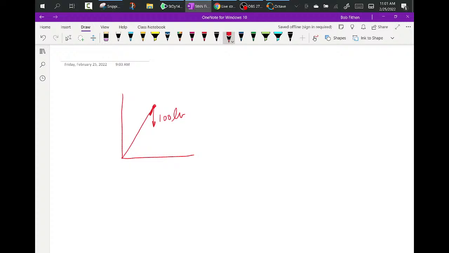And the vector out to it, with an x and a y, I'm going to say is just 3i plus 4j.